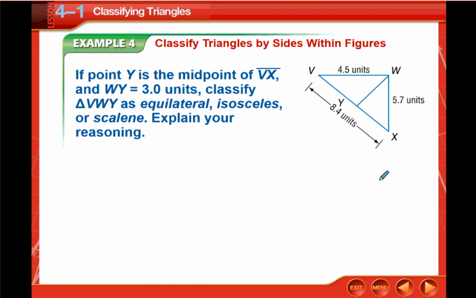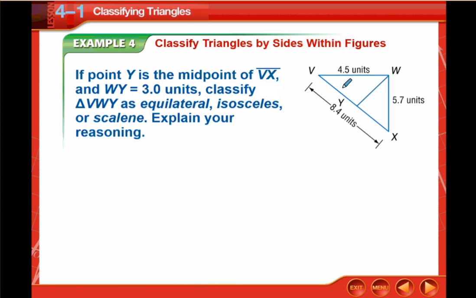All right, here we have another problem, example number 4 here, classify triangles by sides within figures. So we've got triangle VWX, and then we've got point Y here. It says point Y is the midpoint of VX, and WY is 3, so WY is 3.0 units.